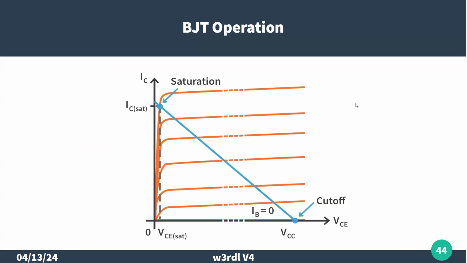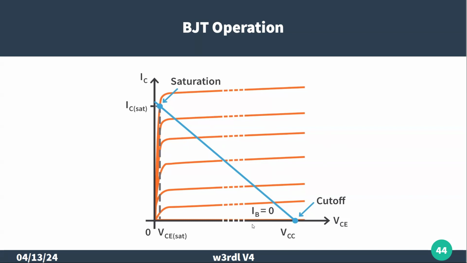Oh, this chart should have been moved up, showing a similar thing for a bipolar junction, where these curves are various amounts of base current, base emitter current. And the bottom is going to be the amount of collector emitter voltage we see versus the collector current.